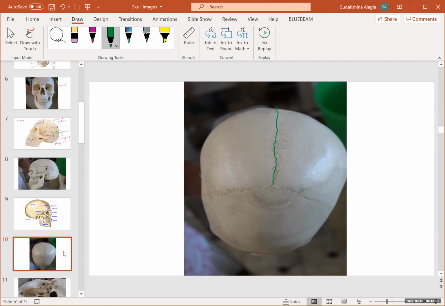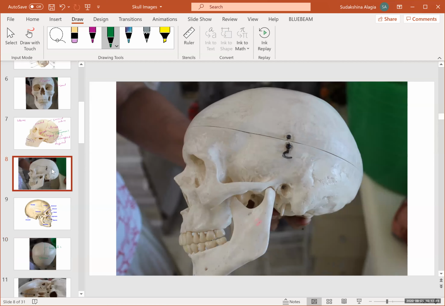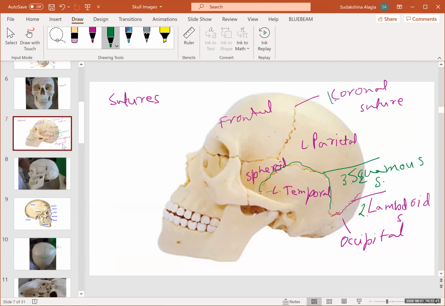See that this is the coronal suture, not frontal. This is the sagittal suture. So coronal and sagittal are based on the plane, while lambdoid and squamous are based on the shape.